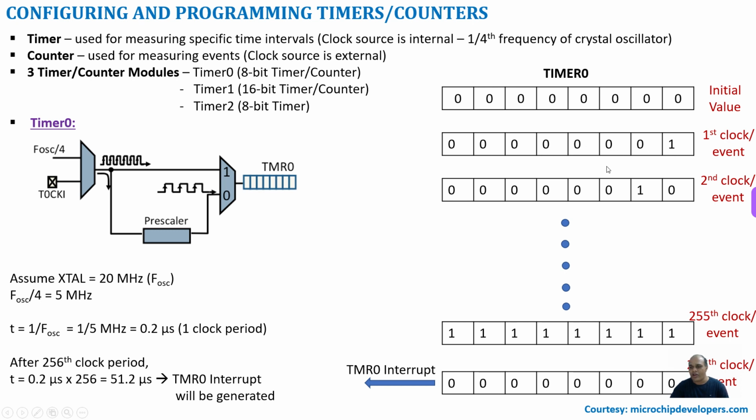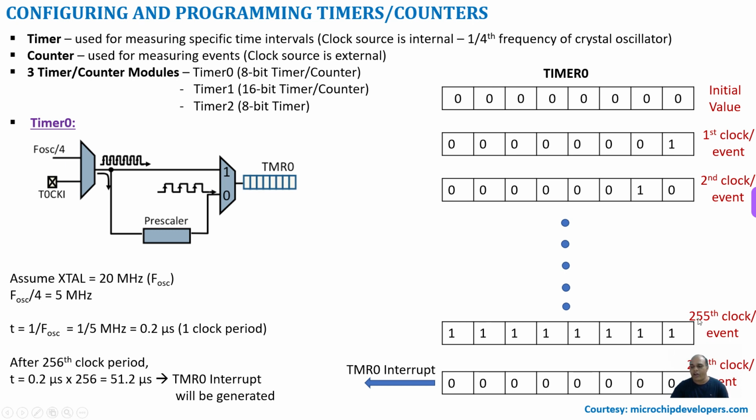During the next clock pulse, it becomes 10, then 11, 100, 101, 110, 111. Like that it keeps on going. When I have the 255th clock, I will get 1 1 1 1 1 1 1 1, so 8 ones will be there.